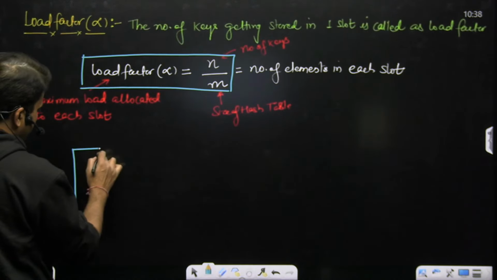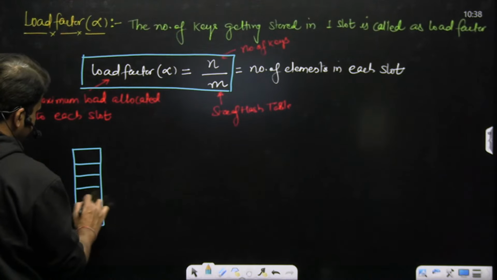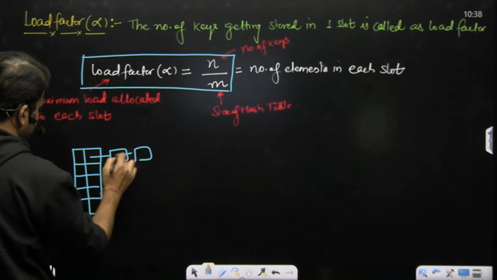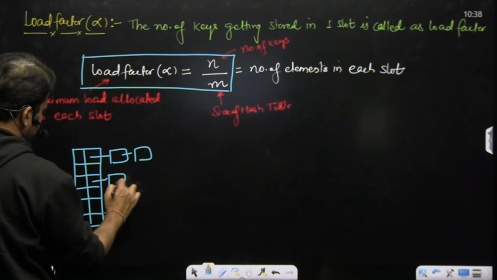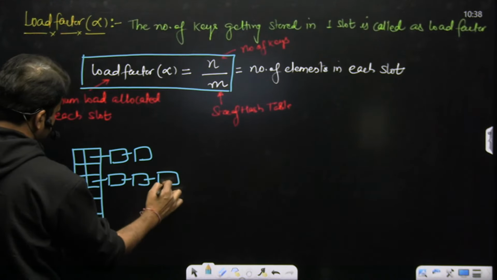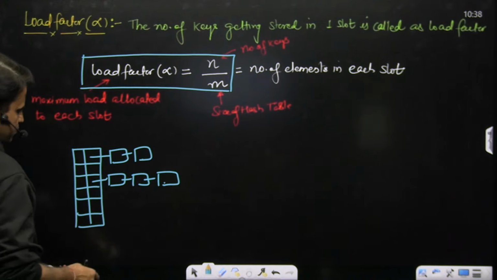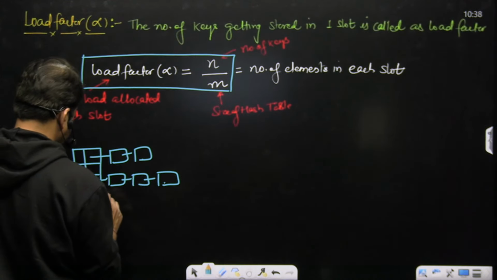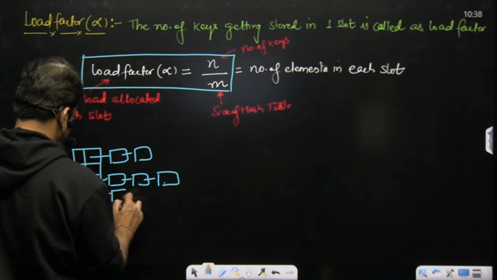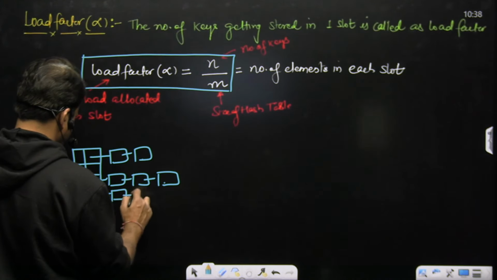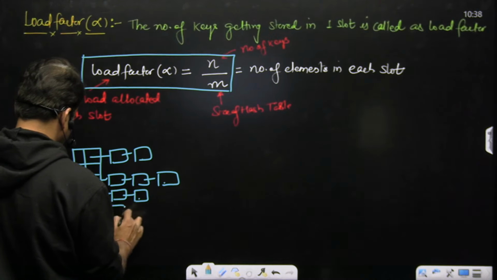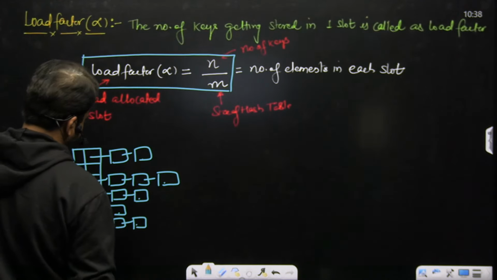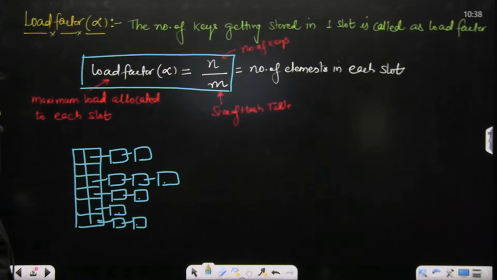Sir, in chaining, what we are doing, sir? Chaining is saying that this is the maximum load allocated to each slot.